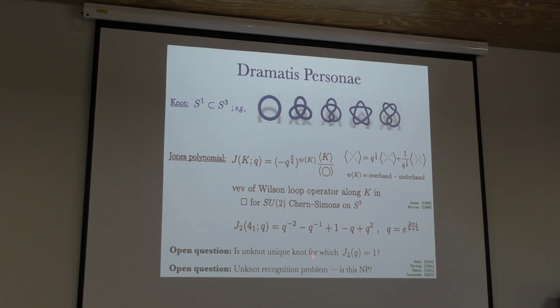So an open question is whether the Jones polynomial uniquely identifies the unknot. The unknot, I told you, was normalized to have Jones polynomial 1. We don't know whether there's some other knot with Jones polynomial 1 as well. And this is an open question, and it's not even known whether the unknot recognition problem is NP, but this problem has a long history, with Dehn and Turing and Haken and Rackenby most recently studying this.